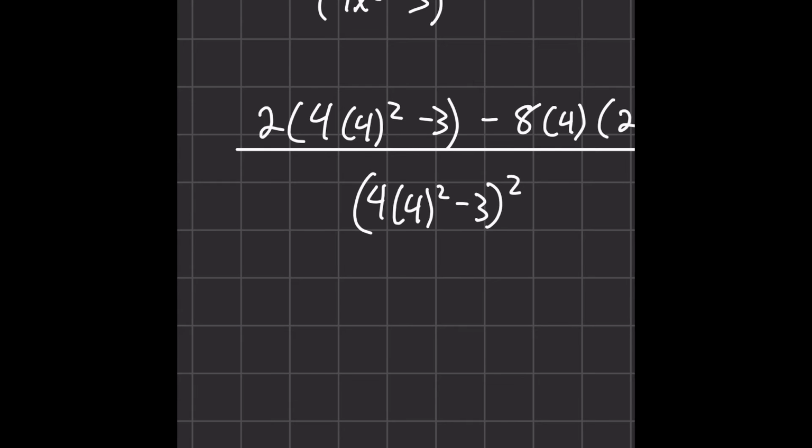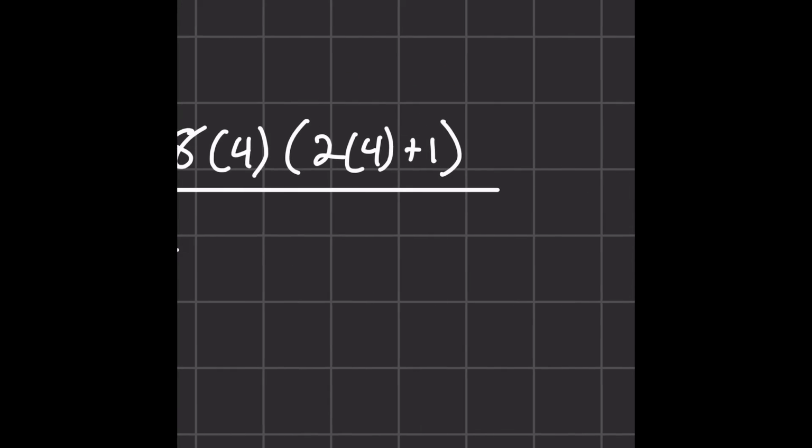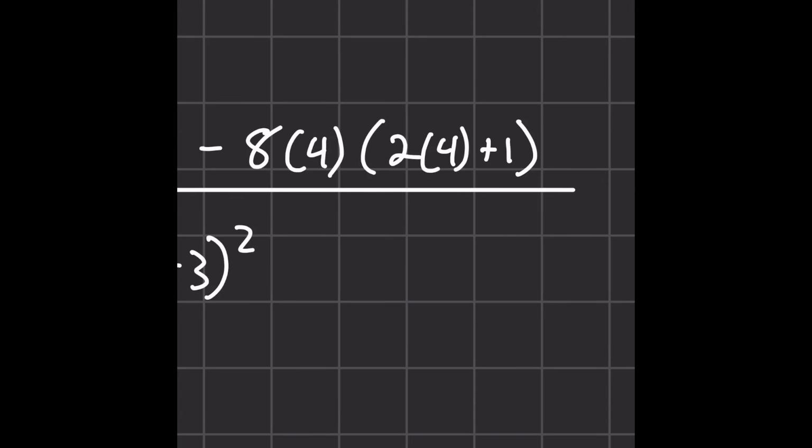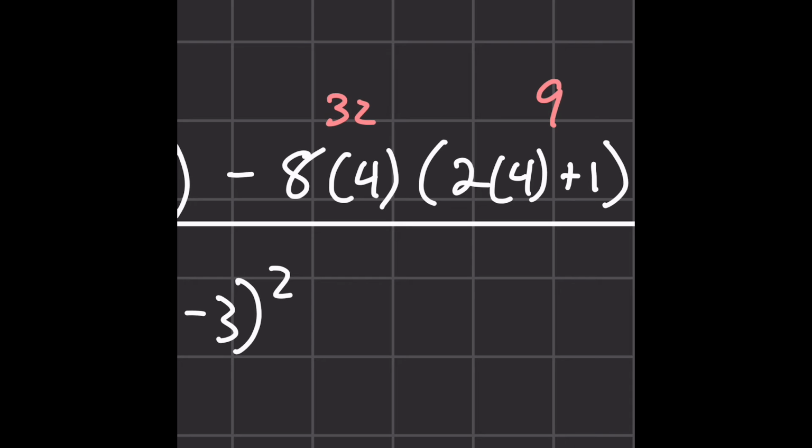This is 4 times 16, which is 64, I believe. 4 times 16, yeah, it's 64. So we get 64 minus 3, and we get 8 plus 1, that's 9. 8 times 4 is 32.